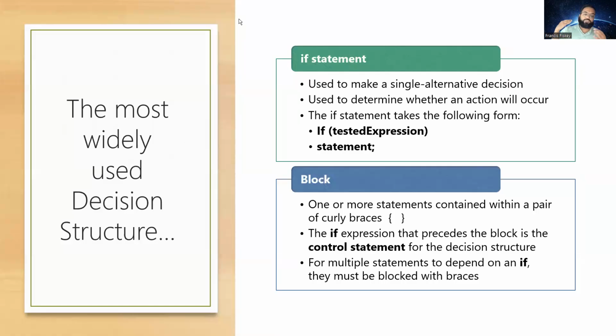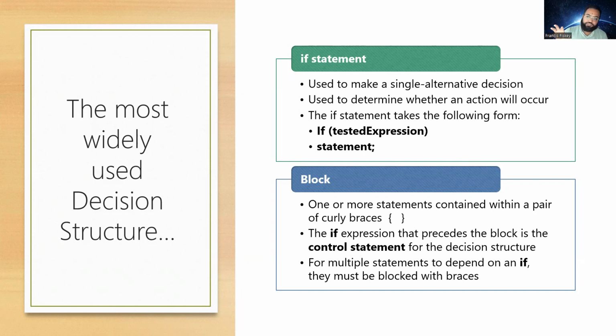So, the most widely used decision structure in all programming languages, doesn't matter which one you use, is the if statement. Yes, there are some contrarians out there who will argue with me regarding this specific statement. But at the end of the day, the if statement is the most widely used decision structure in all of computer programming. And it's used to do something very specific.